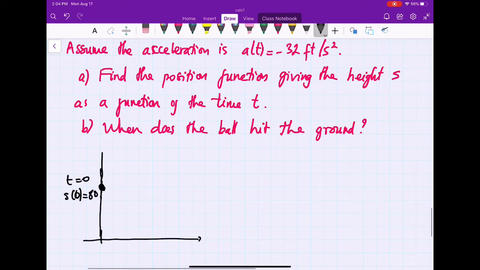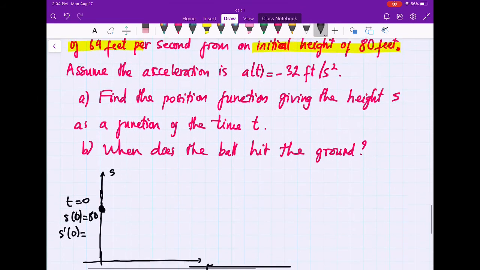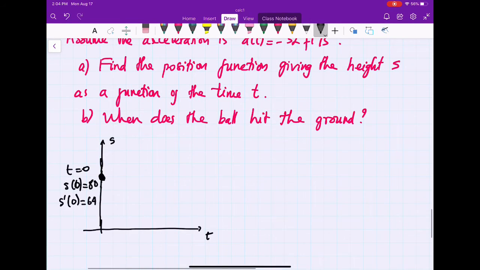And then this is your t, that is your s. And at this moment, s derivative, meaning the velocity, is 64. Okay, I just write 64. And then you give some initial velocity, right? You get this velocity. So your object will fly like this, attain the maximum height in here, and then go down.